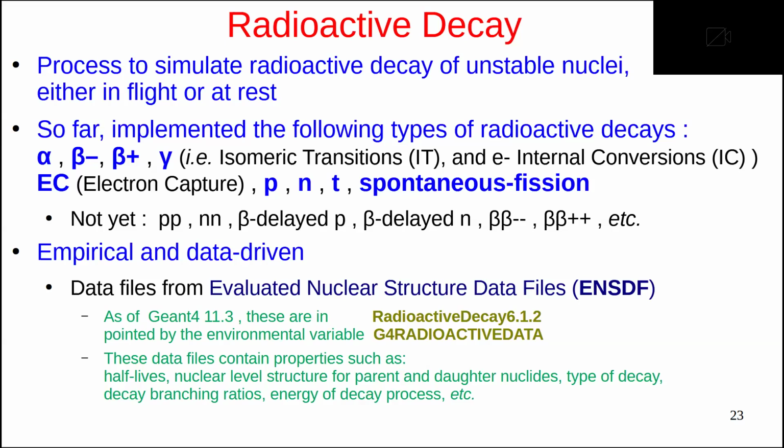We have electron capture, proton, neutron, tritium, spontaneous fission. Not yet, but it is in the pipeline to have also double proton, double neutron, beta-delayed emission, and double beta processes. And this is based on empirical data. So it's a data-driven approach.